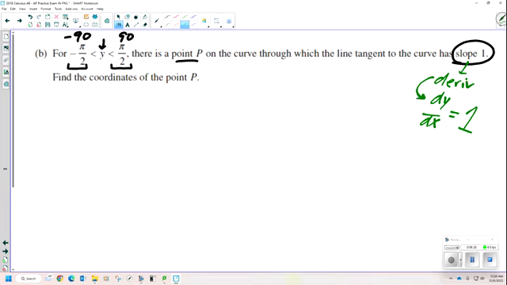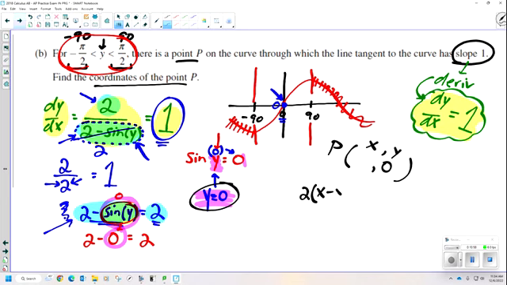The original equation is 2 times x minus y equals 3 plus the cosine of y. Now let's keep in mind our y is 0. So we replace these y's with 0 and solve for x. 2 times x gives me 2x equals 3 plus the cosine of 0.